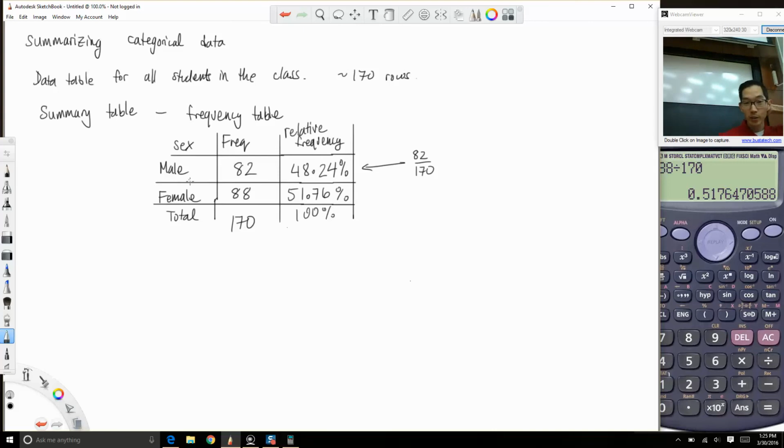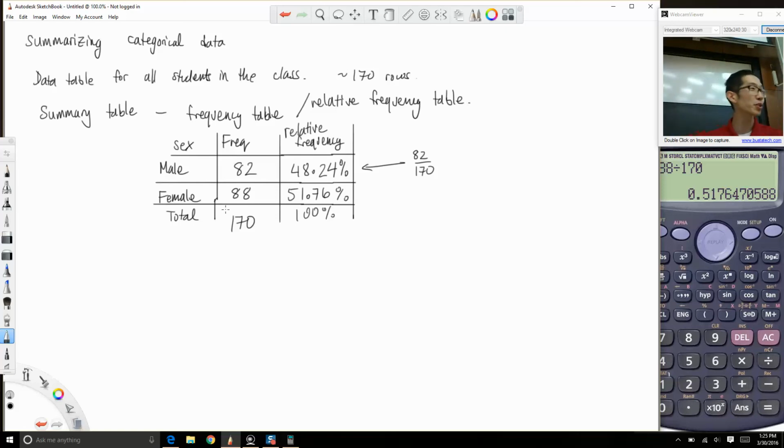If you present just the percentages, then it would be called a relative frequency table. So, frequency table or relative frequency table. This would be a way to summarize our information.